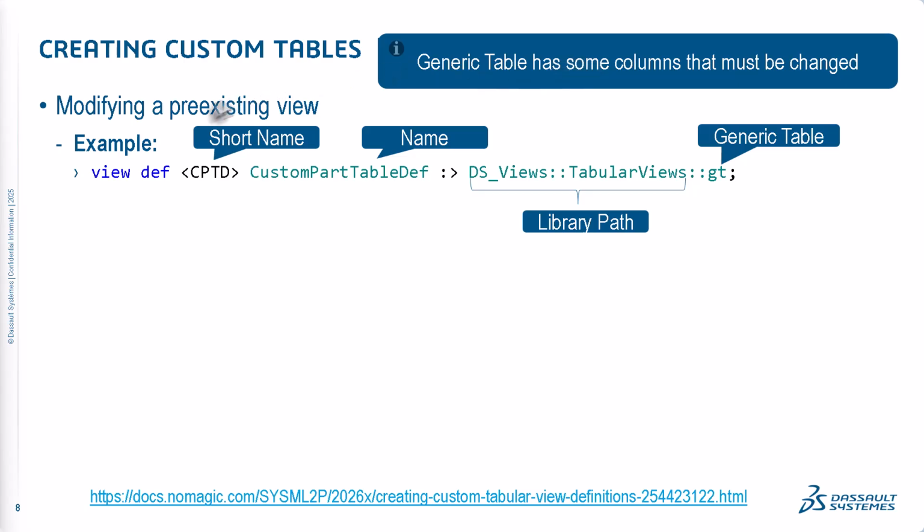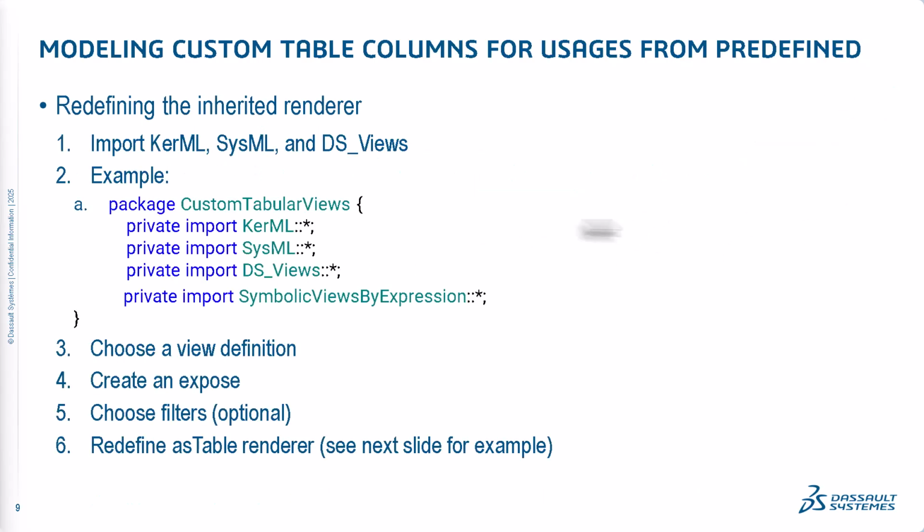Additionally, if we wanted to start from some pre-existing view, in this case, we're going to have a view definition of CPTD because we're going to create this custom part table definition, and then we're subclassifying a library path, and we're going to be reusing that generic table. And if we remember, it had 6 different columns, so we'll have to hide some of these.